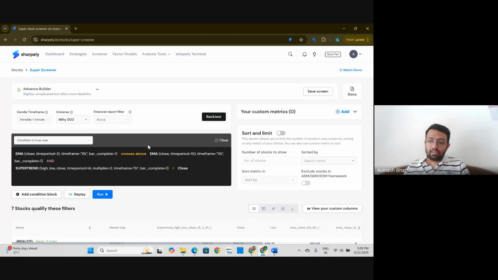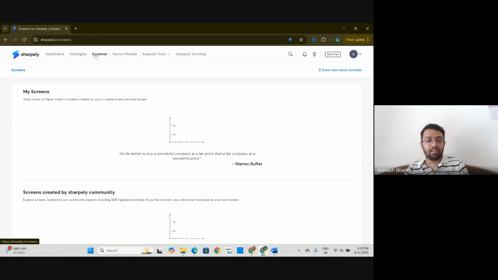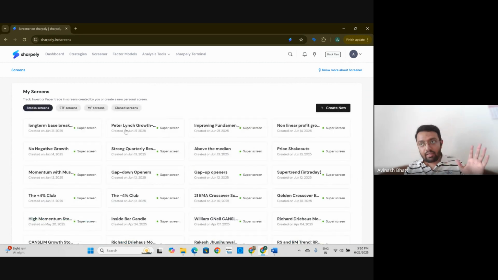So I think that covers everything, right? We have seen multiple examples of multiple types of screening: fundamental, technical, technofunda, everything. You can use back testing, you can use risk management as well, and there are multiple other things in our strategy builder, but let's keep a separate masterclass on our strategy builder some other day.